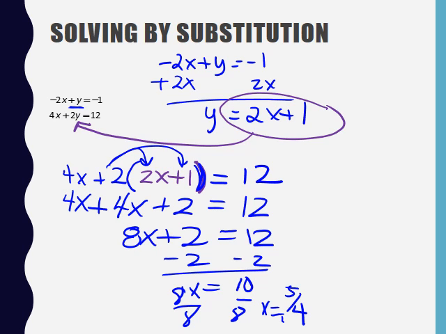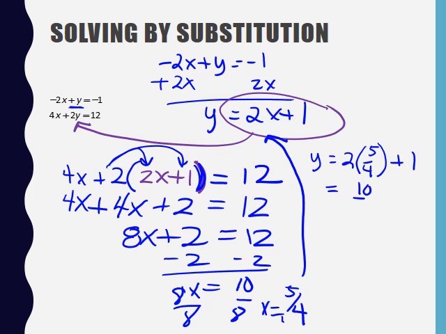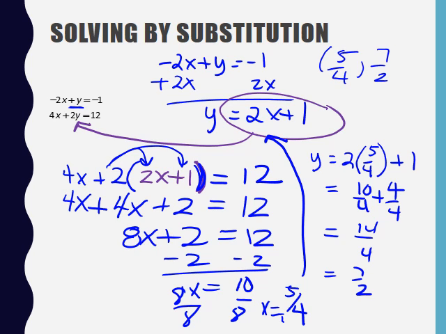I'm actually going to substitute into the one that's already solved for y, because they're equivalent. So I get y equals 2 times 5/4 plus 1. So 10/4 plus 1, which is the same as 4/4. So I get 14/4, or 7/2. So my solution would be (5/4, 7/2).